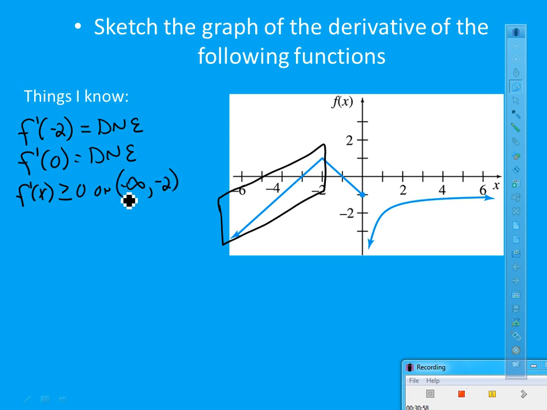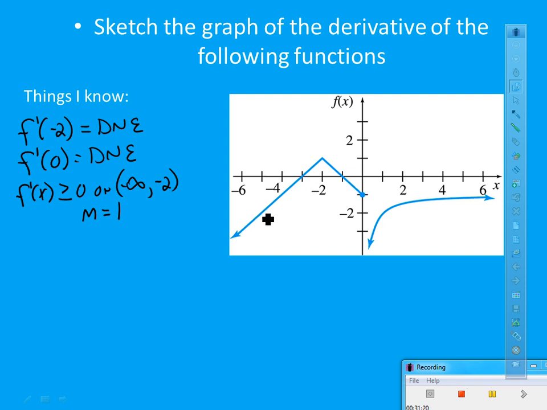Since it's a line, I can go a little bit further. I can find the slope of this line. It looks like I can go up 1 and over 1. So it looks like the slope of that is 1. So here's what I can do for just this piece right here, and then I'll come back and pick on the other piece.